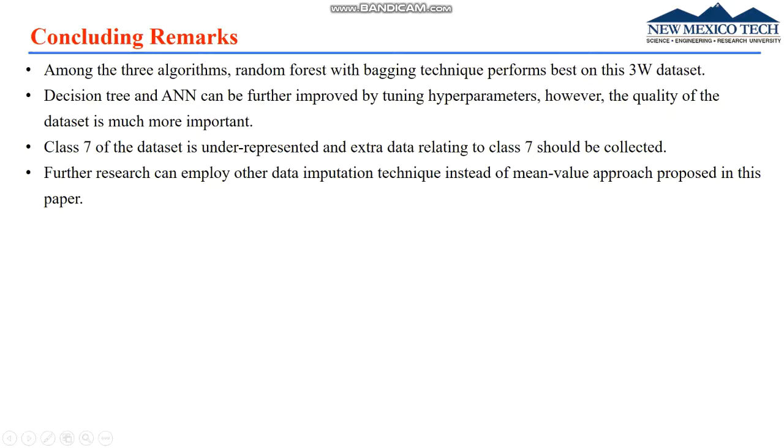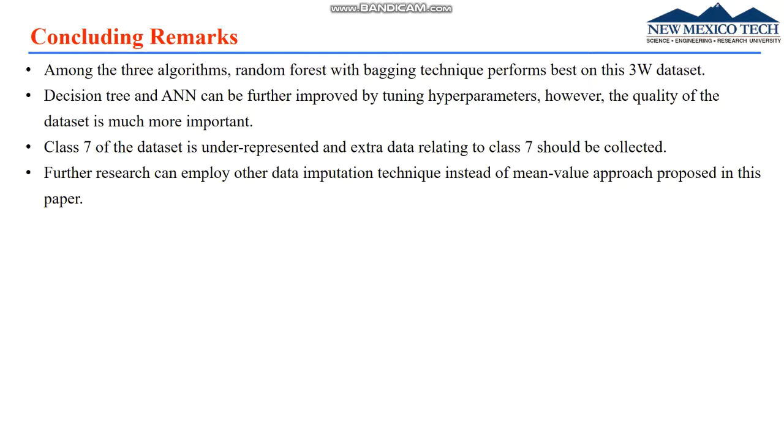In conclusion, among the three algorithms, random forest with the bagging technique is the best method that we can apply on this 3W dataset. Although the decision tree and artificial neural network perform lower than the random forest, we can further improve these methods by tuning the hyperparameters.